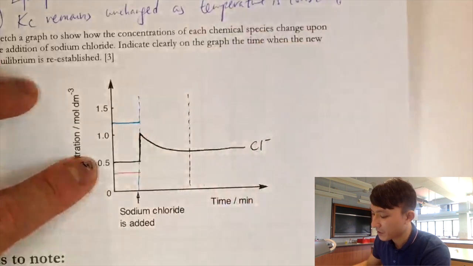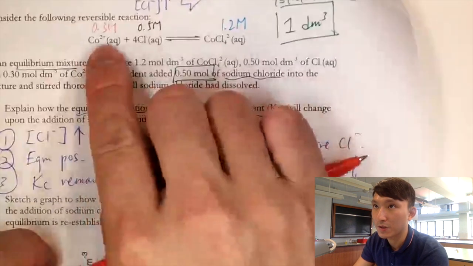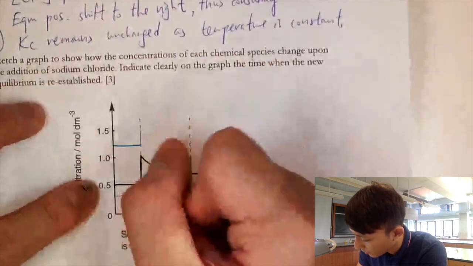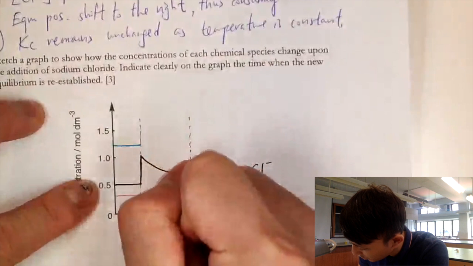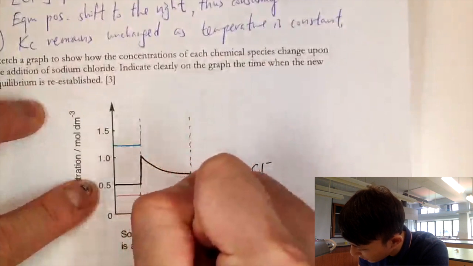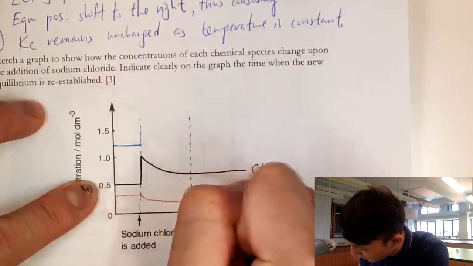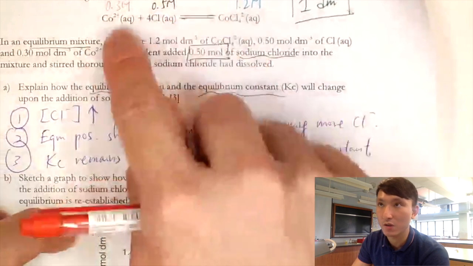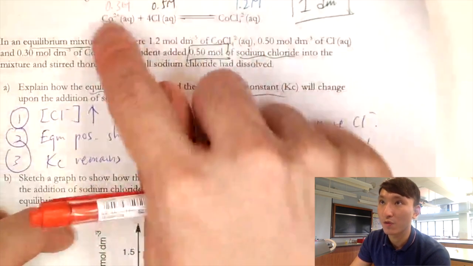Now, as chloride is being consumed, the cobalt 2+ is also being consumed, right? Both of them are reactants. So this one will also decrease in concentration, but pay attention. You need to tell the invigilators that you understand there is a stoichiometric relationship. So it's 1 to 4, right?